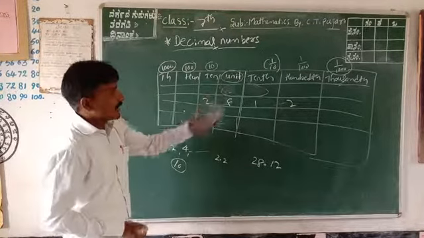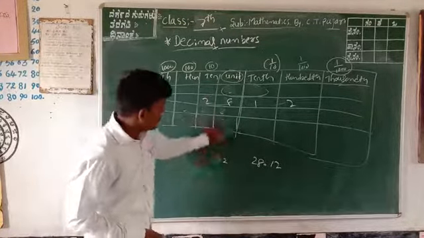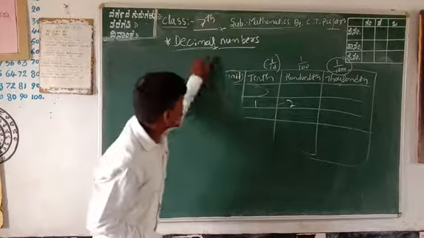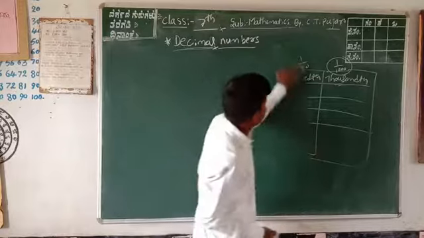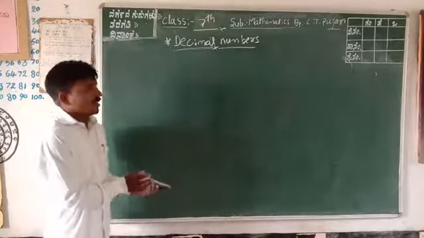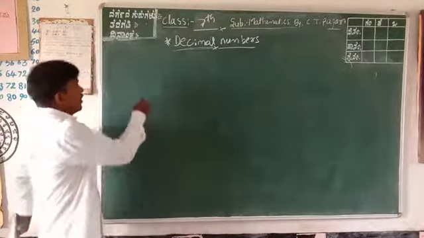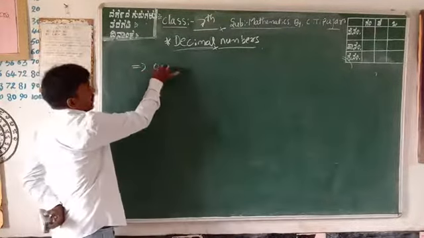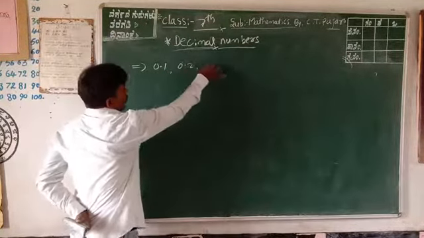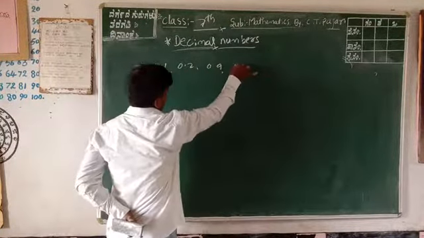Okay, these are your decimal number rules. You can study only decimal numbers. First, 0.1, 0.2, 0.9, 0.7.